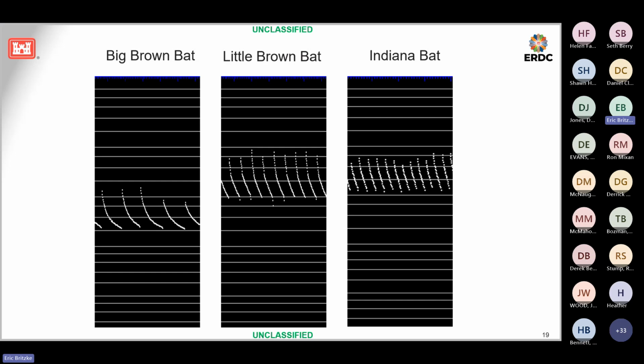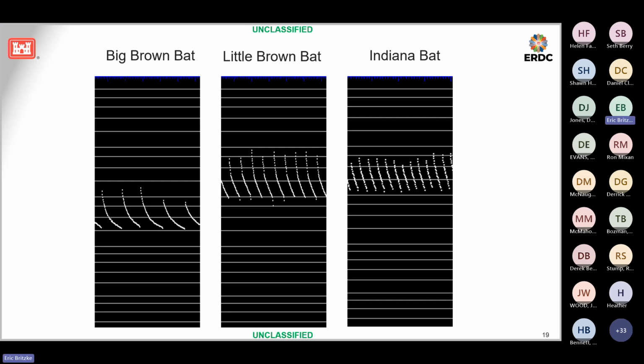On the left is a big brown bat. Its minimum frequency is about 25 kilohertz. In the middle section is a little brown bat. Its minimum frequency is about 40. If you just had a situation where those two species were present in your area, then qualitative identification would be quite easy, and we'd be done with this talk and everyone could go enjoy lunch.